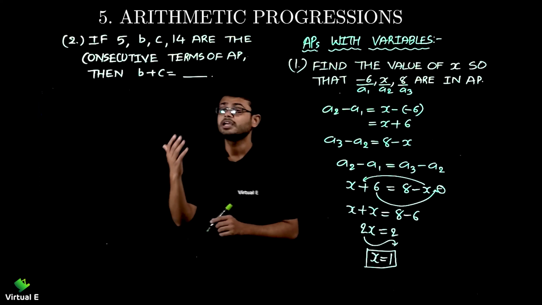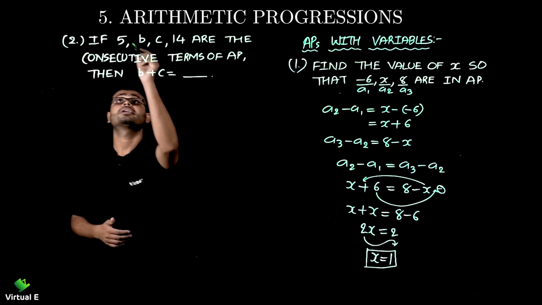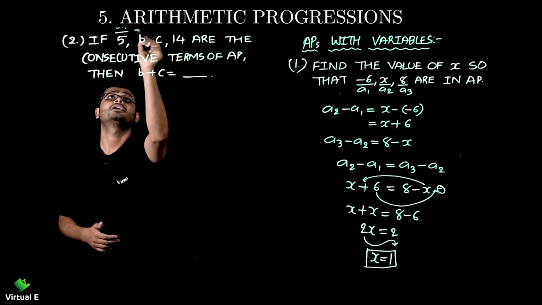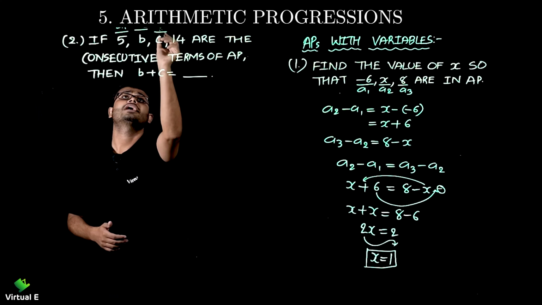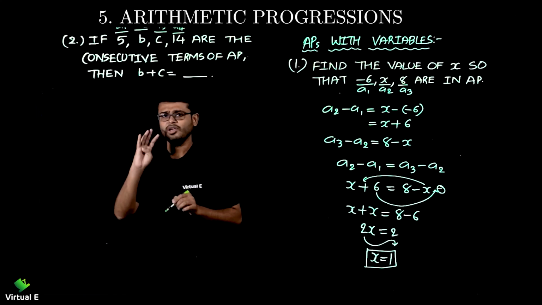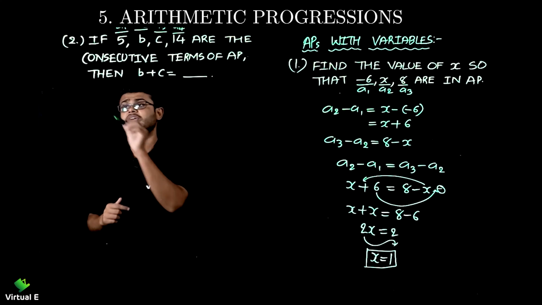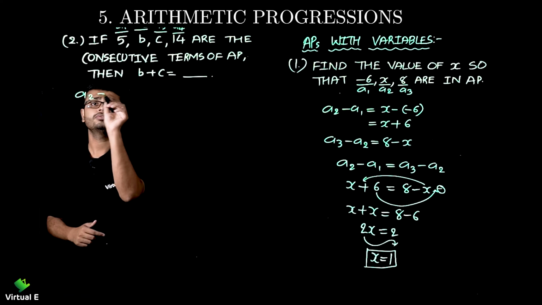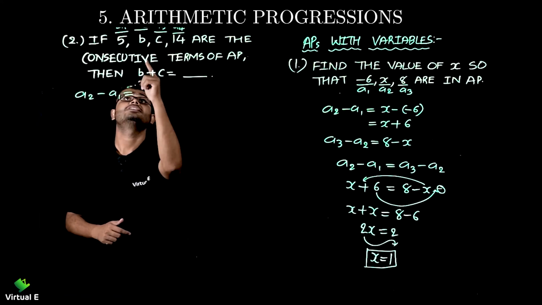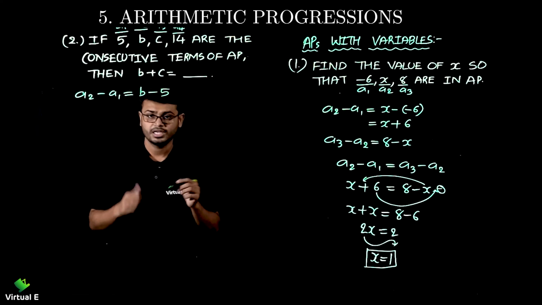First of all, give the numbers to the terms. Here A1, then A2, then A3 and A4. Four terms are there. So I'm going to take the difference. A2 minus A1 is equal to what? B minus 5. Done.